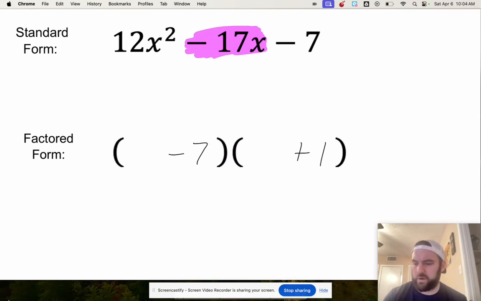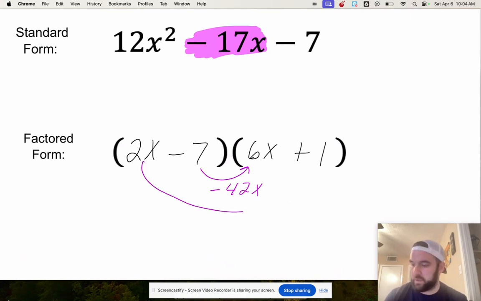For 12x squared, it could be 2x and 6x. That is negative 42x when I multiply. So this is probably not going to be right, and that's positive 2x. That would be negative 40. So that is incorrect. I could try swapping the 6 and the 2. I could go 2 here, 6 here.